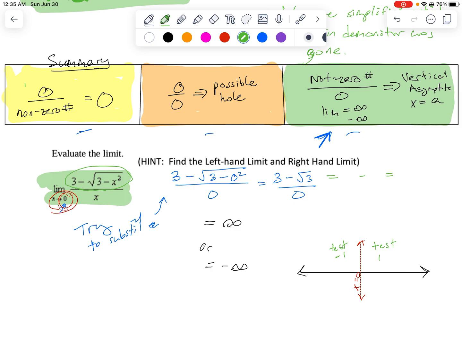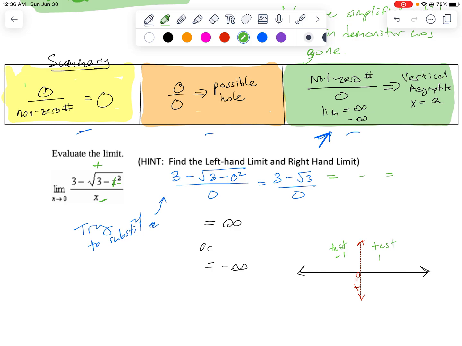So when I put in a -1 into the original function, if I plug in a -1, then I would get a +1 here. So that'd be 3 minus 1, which is 2, square root of 2. So 3 minus square root of 2 gives me a positive. And I'm plugging in a -1, so I get a negative in the bottom.